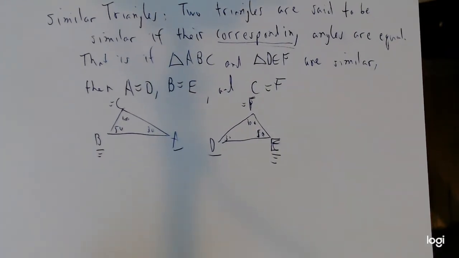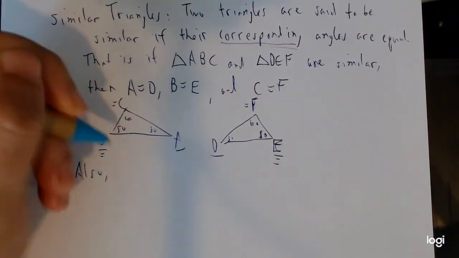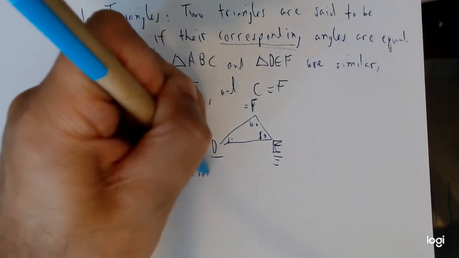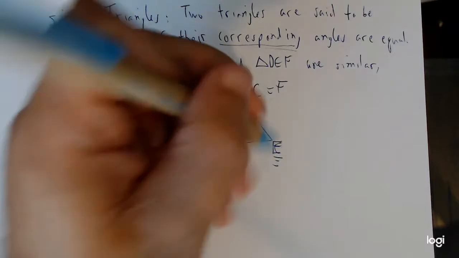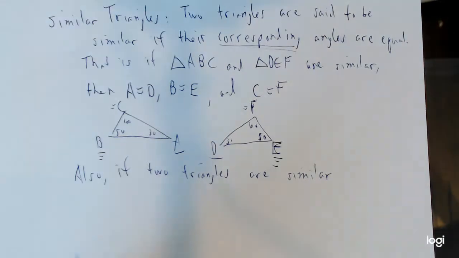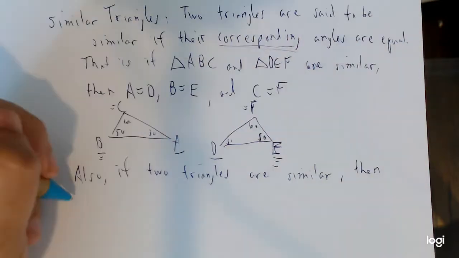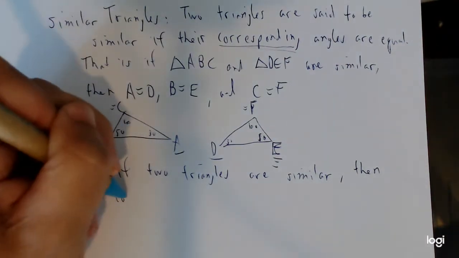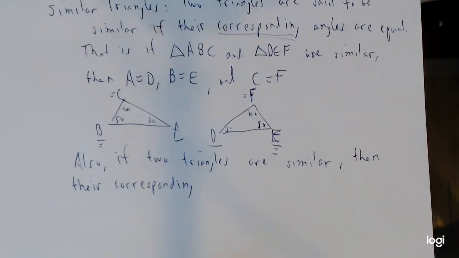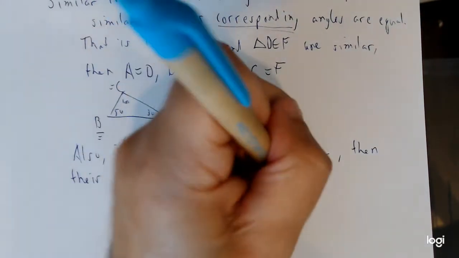So what happens if triangles are similar? Here's the important part. Also, if two triangles are similar, then their corresponding sides are proportional.